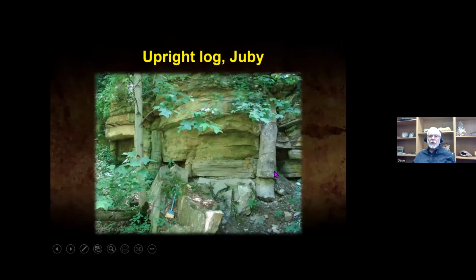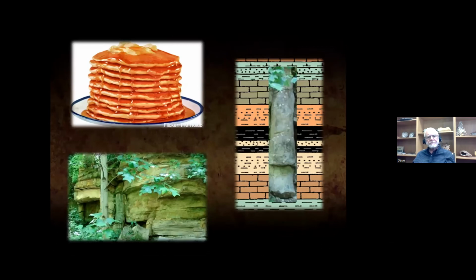And there you see one of the logs right here. Here's another log here. There's one over here. There's a whole bunch of these going through multiple layers, multiple pancake layers, okay? Again, it tells me that the flood was genuine. This tree was not millions and millions of years old at all, but instead was buried quite rapidly.